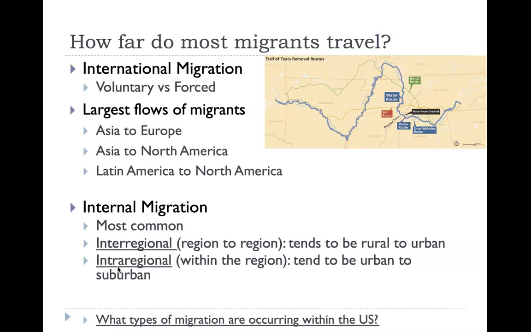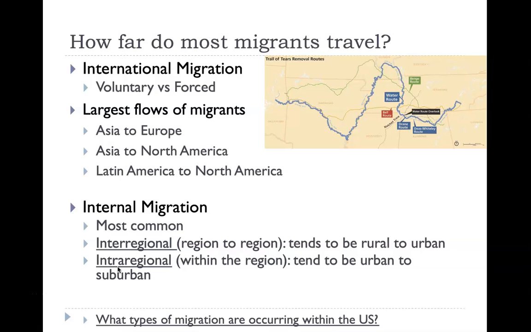All right, how far do migrants travel? That's a great question, right? So we start talking about voluntary migration versus forced migration. And that's an interesting thing to think about, right? Because people who volunteer to move, there's choice in the matter, right? But many people don't have that option.